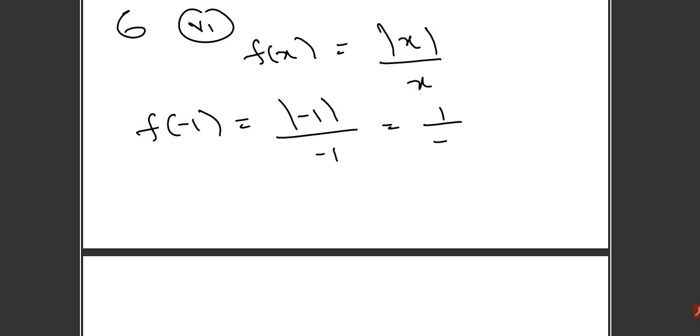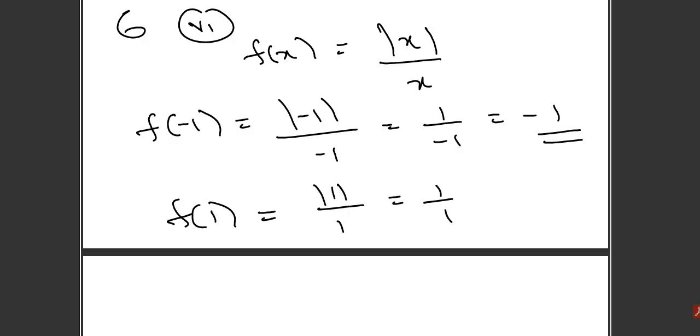This is 1 over negative 1. This is just negative 1 there. Then if you put 1 in the function, this is just 1 over 1. This is just 1. You notice the functions are producing answers with the same magnitude but opposite signs. So meaning this is also an odd function.